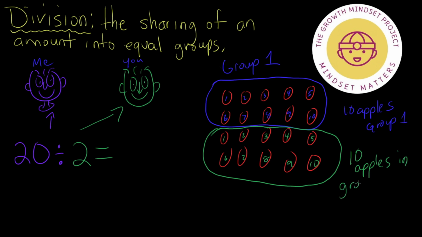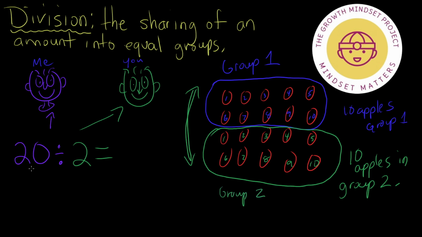in group 2. So, going back to our definition, division is the sharing of an amount into equal groups. These 2 groups right here, they are equal because they each have 10 apples. We have group 1 and we have group 2, okay?